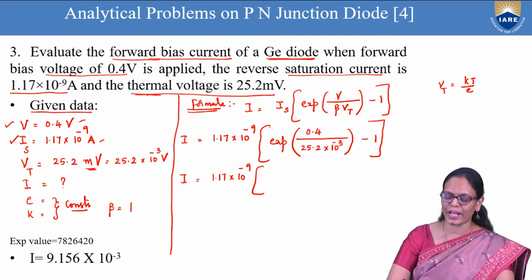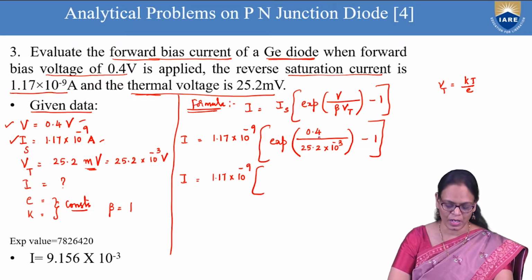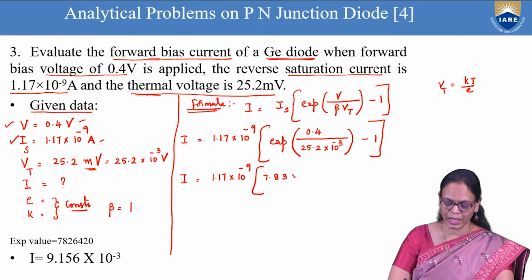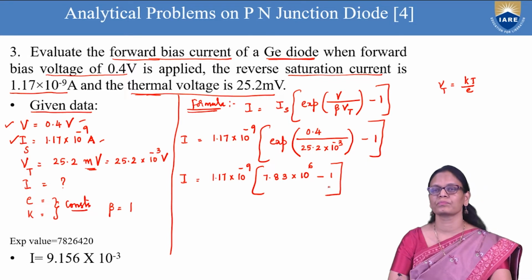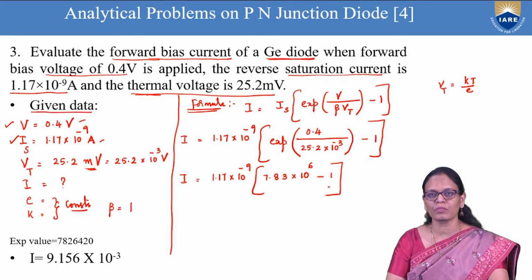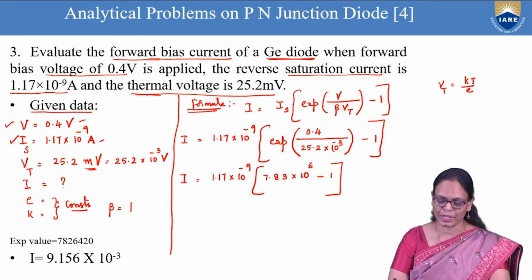this value I can find using the calculator and I'm going to write it directly. 7.83 into 10 power 6 minus 1. So this is the value of the exponential.